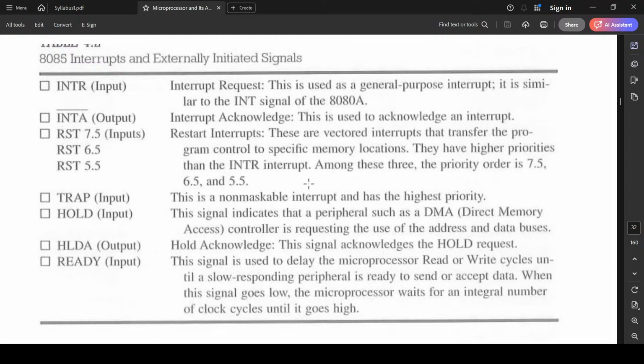Although I love gadgets and processors, this signal indicates that a peripheral such as the direct memory access controller is requesting the use of the address and data bus. DMA is requesting the address and data bus.